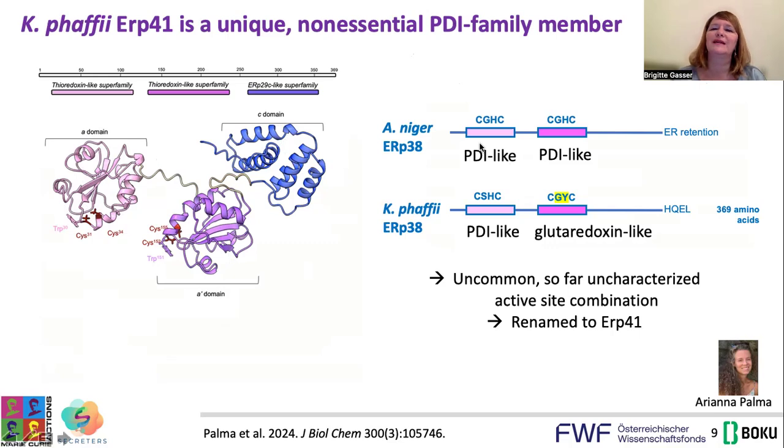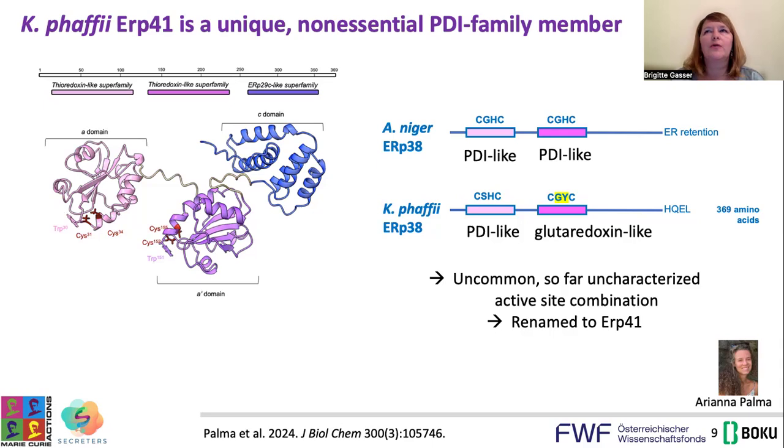However, when we looked at the active sites, in contrast to the known members of this protein class that have two PDI-like active sites, the Komagataella phaffii ERP38 had only one PDI-like active site, and the second one was very glutaredoxin-like. And this domain architecture is very, very uncommon. It has not been characterized so far. So we decided to rename the protein to ERP41 instead of ERP38, as an ER protein with 41 kilodaltons.